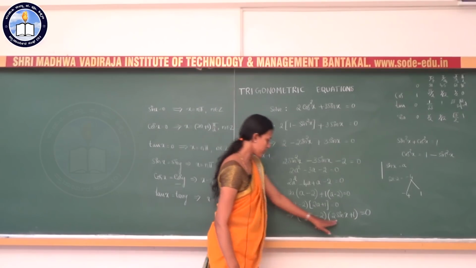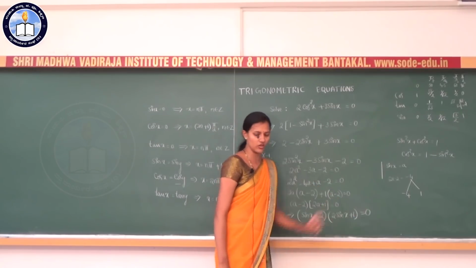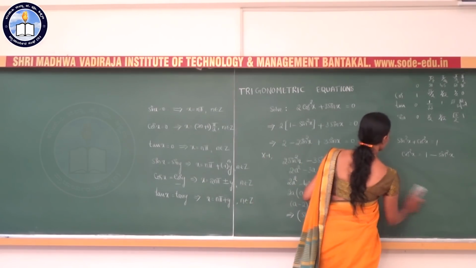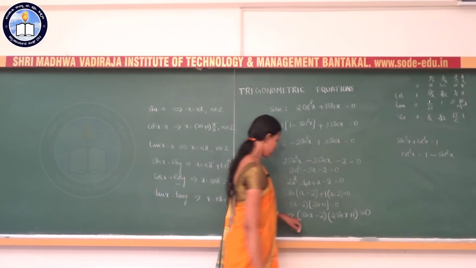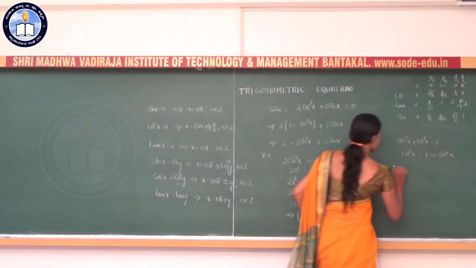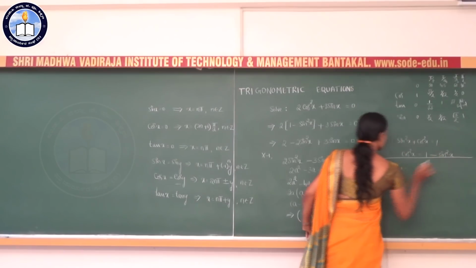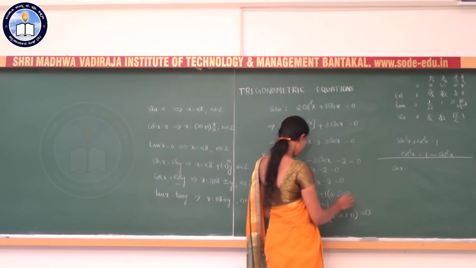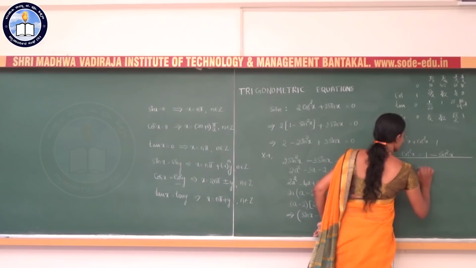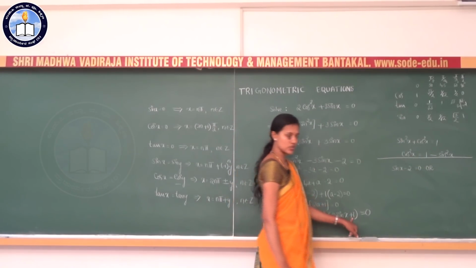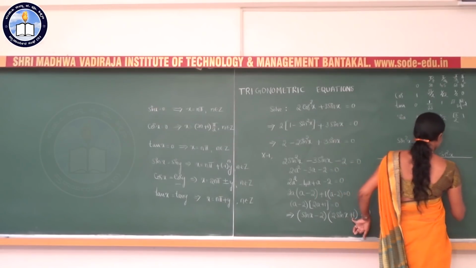So now we have a product of two factors which is 0. So we can equate the factors to 0. That is, sin x minus 2 is equal to 0, or 2 sin x plus 1 is equal to 0.